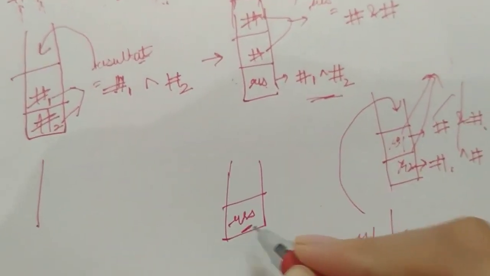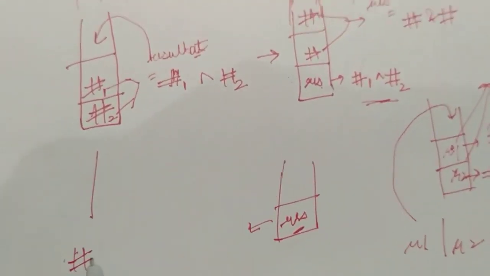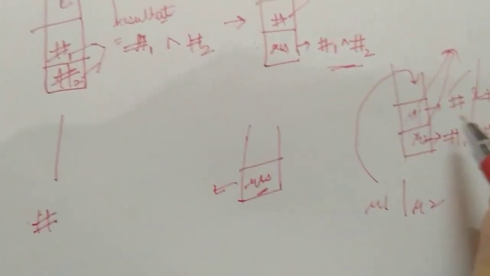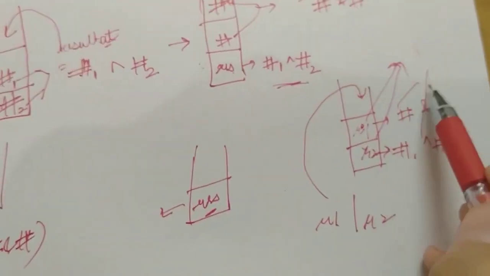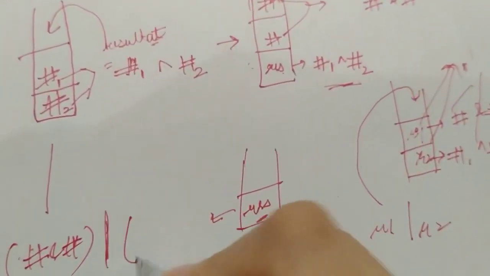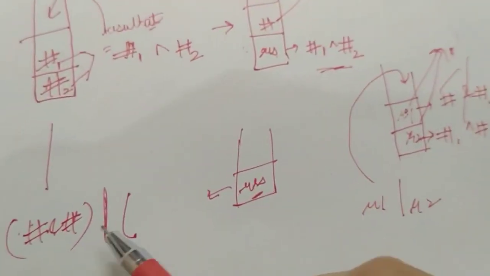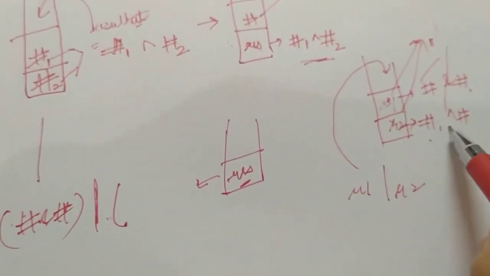This is the final result: hash AND hash, then we sort it, OR, then hash AND hash.